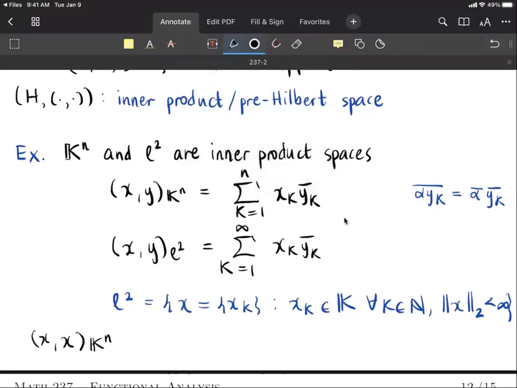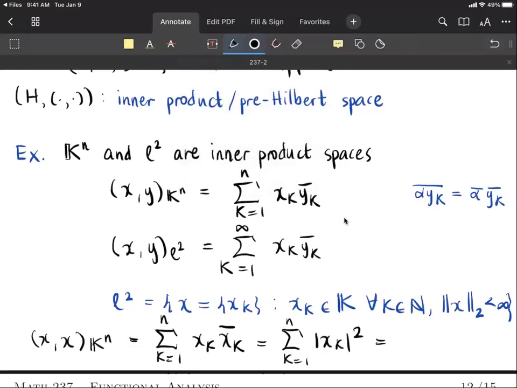Now that you have verified that this is indeed an inner product, let us look at the case of K^n. What if I would like to take the inner product of x with itself? Then by simply applying the formula, and the product of a complex number with its conjugate, as you might know, is the square of the magnitude.